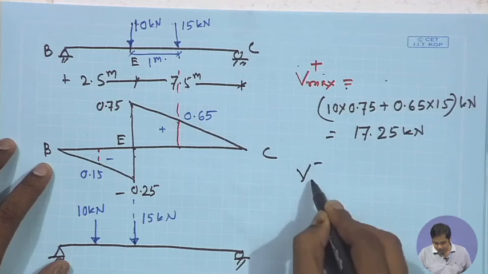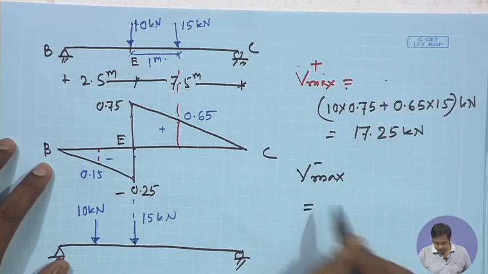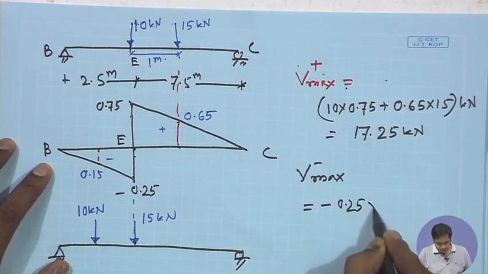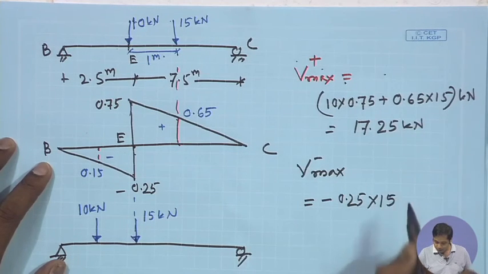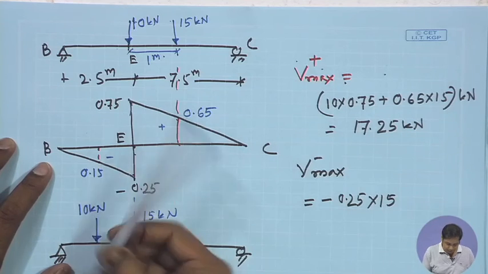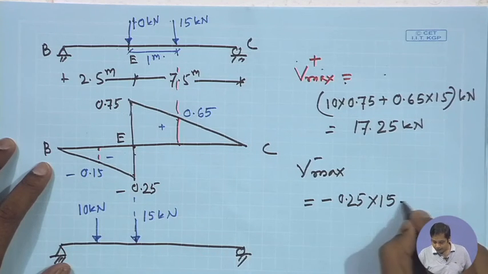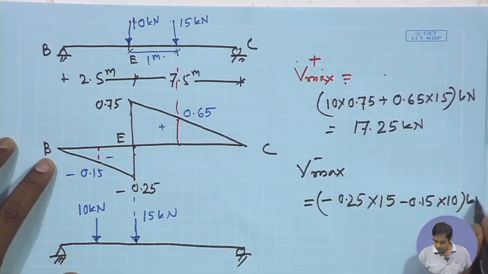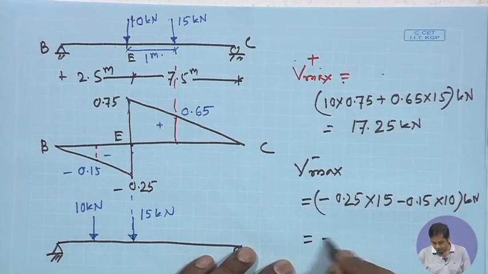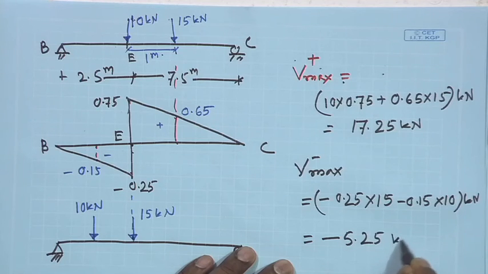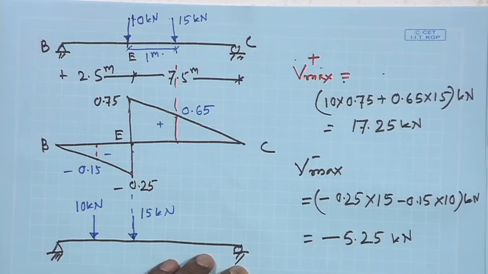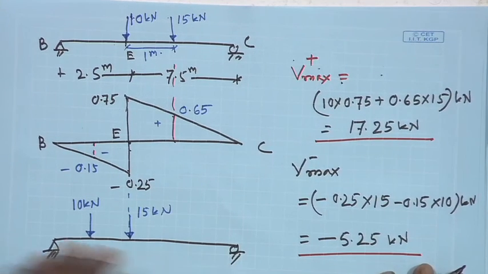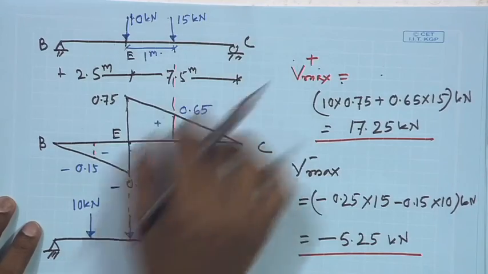Similarly V negative max will be minus 0.25 into 15 and minus 0.15 into 10, and this becomes minus 5.25 kilonewton. Okay. So, this is for maximum positive shear, this is negative shear. This will be the position for the shear force.